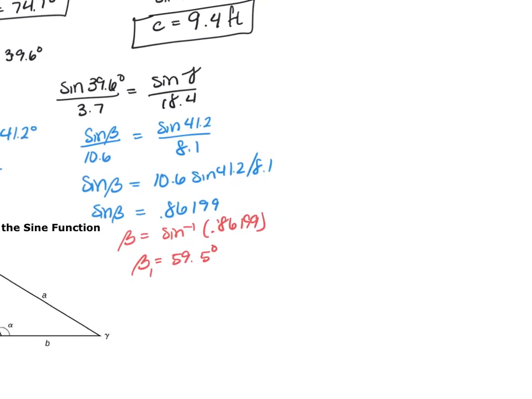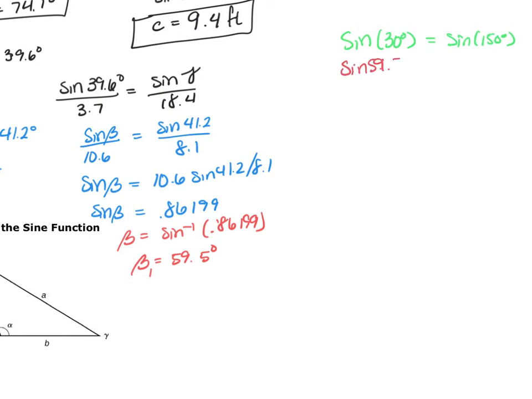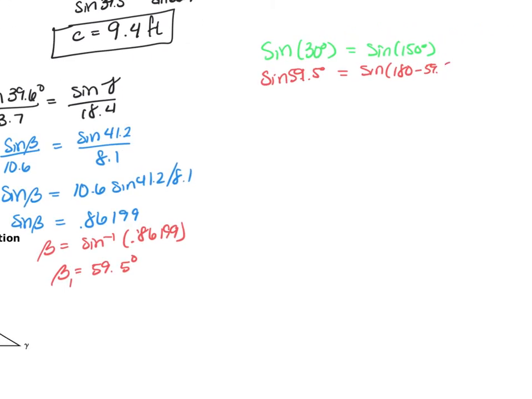Now what I know, if you remember from before, is that the sine of 30 degrees is the same thing as the sine of 150 degrees. So that tells me that the sine of 59.5 degrees will give me the exact same answer as the sine of 180 minus 59.5 degrees.